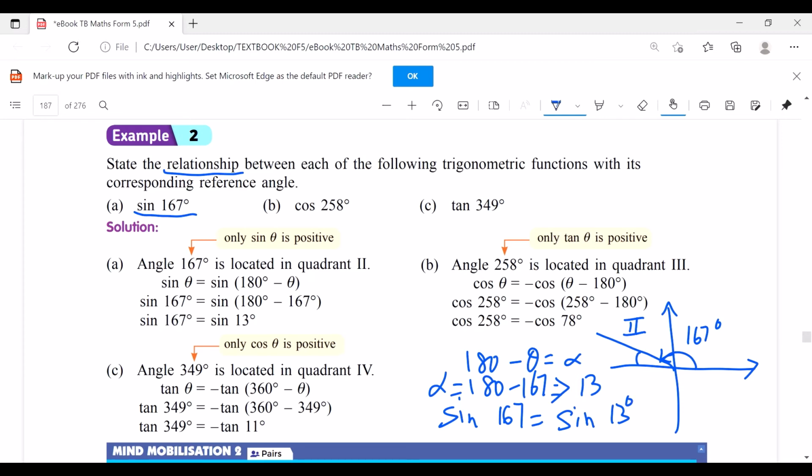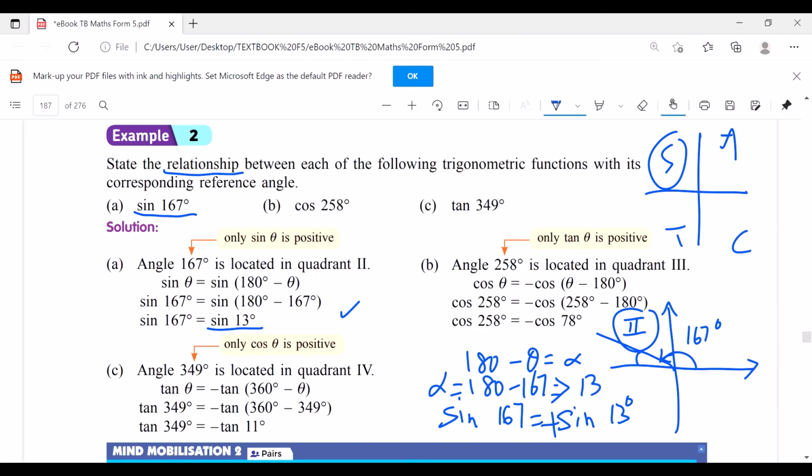And then what's the relationship? Is it positive, negative? So remember, add sugar to coffee. Because this is on the second quadrant, sin will be positive. You don't have to write it, but I just want to show you. Okay, so this is the answer.